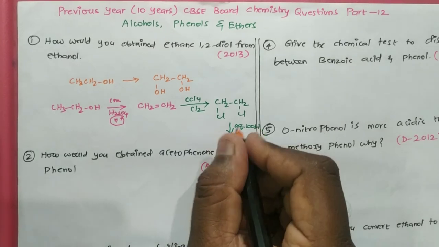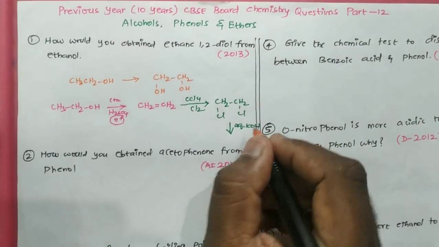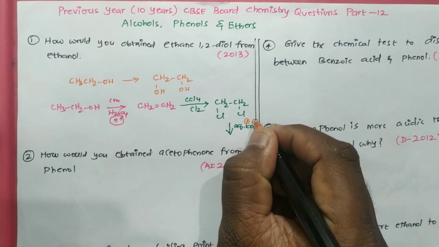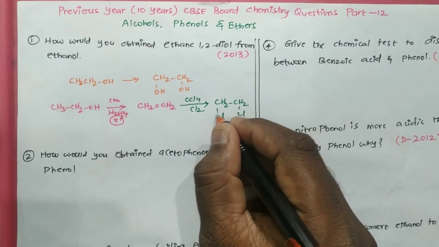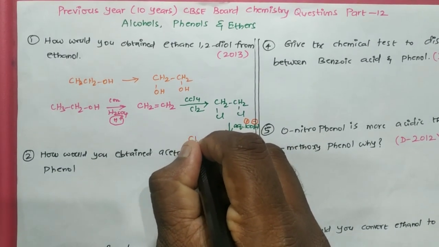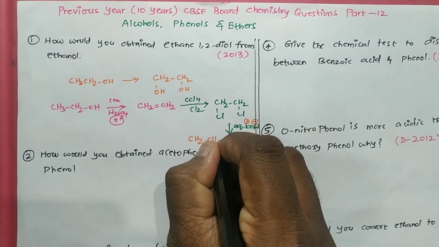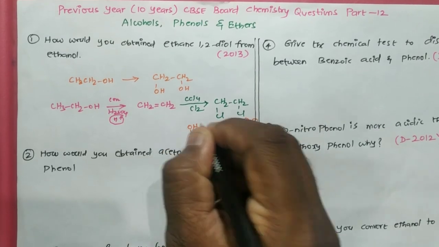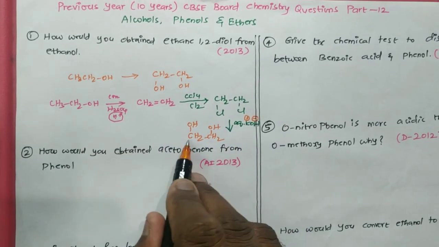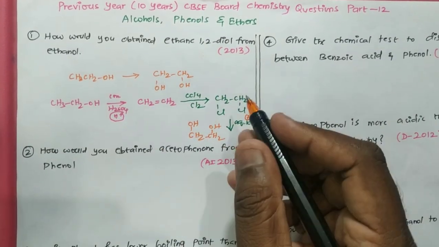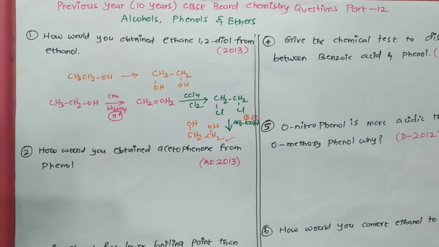Here if I use aqueous KOH, this OH minus will act as a nucleophile. That nucleophile will come and attack the carbon and replace the chlorine. By that way, I will be getting a product that is CH2OH CH2OH, so ethane 1,2 diol is the product.